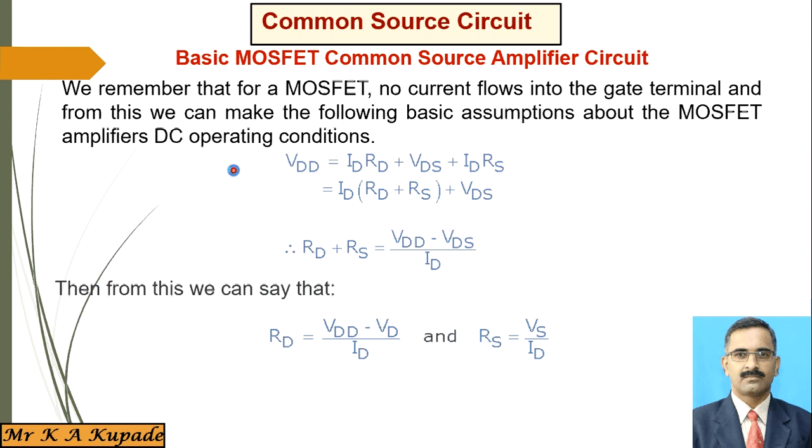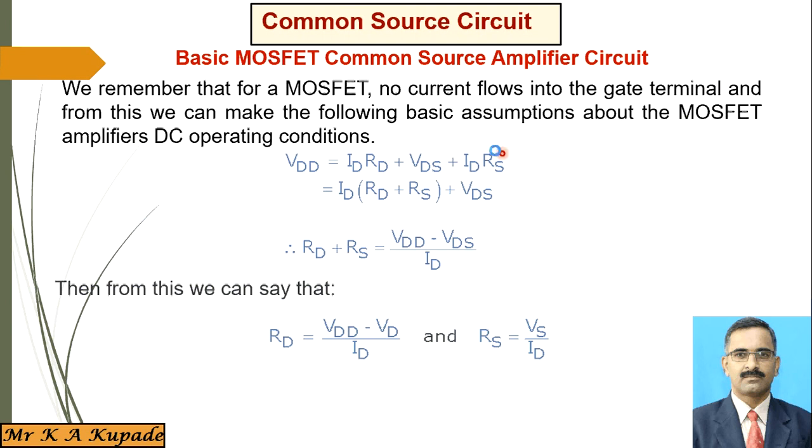Now we can calculate the DC operating conditions, the different parameters. That is VDD equals ID RD plus VDS plus ID RS, because VDS gives the voltage drop across the drain to source.